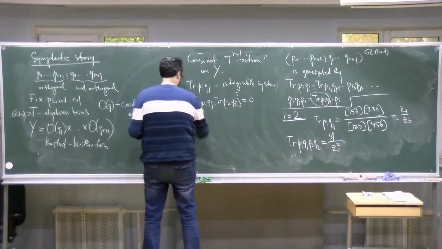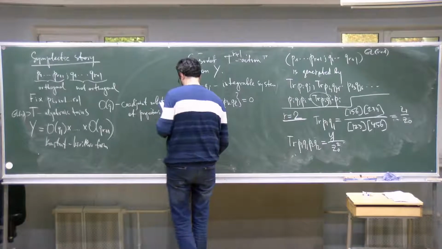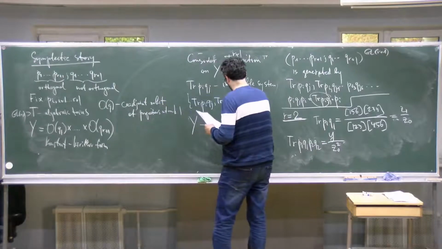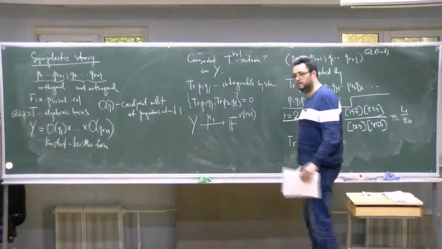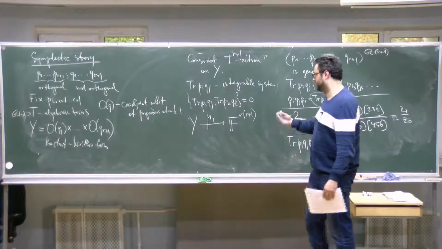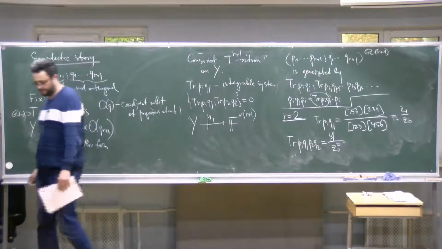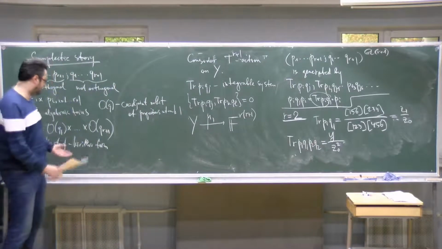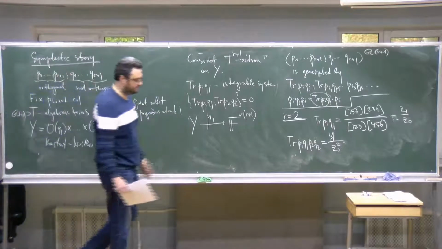So we have a momentum map. I will denote it by mu1. It's some calculation. We can consider this form and deduce from this that they are in involution.